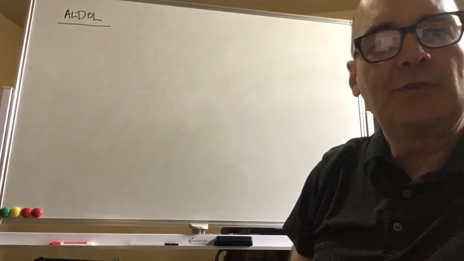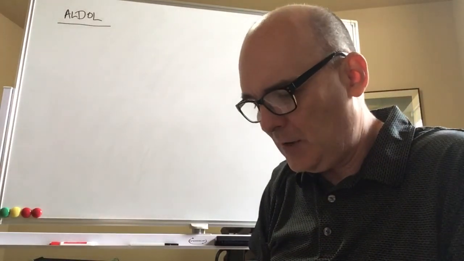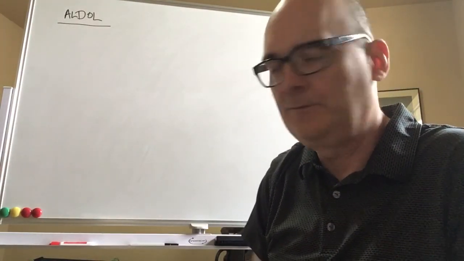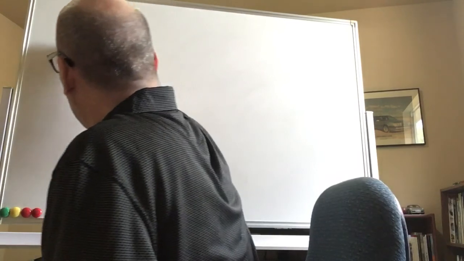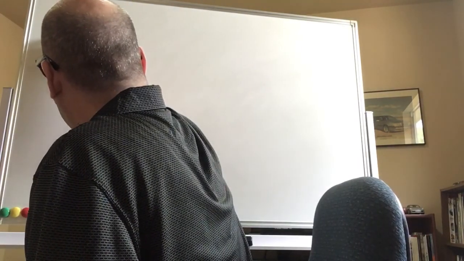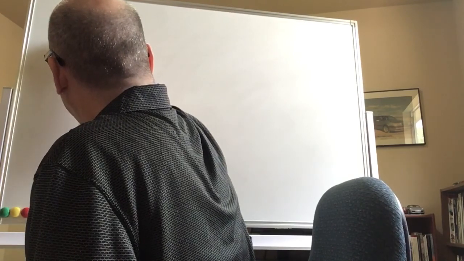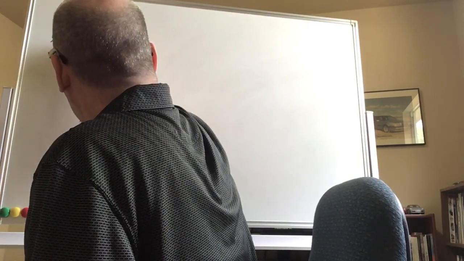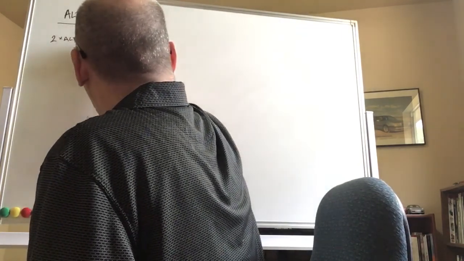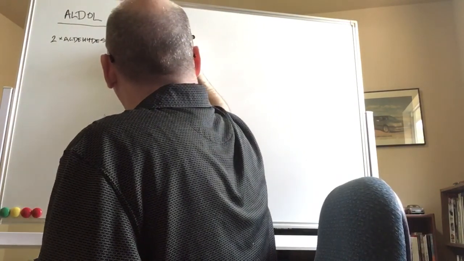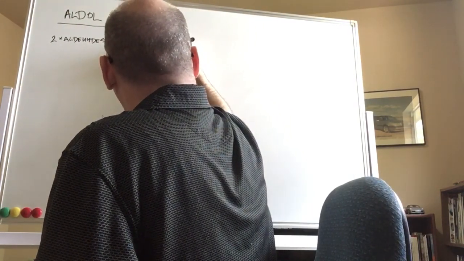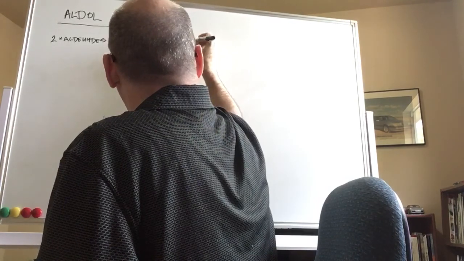The reaction that I'm going to do now is called an aldol. And it's called an aldol because I start with 2 aldehydes, and I make a molecule called an aldol.